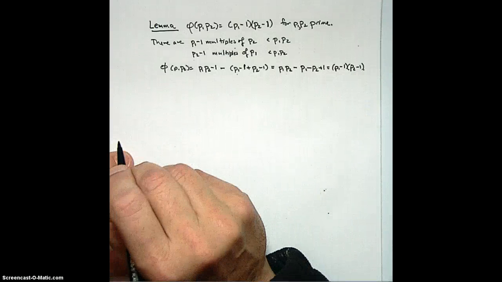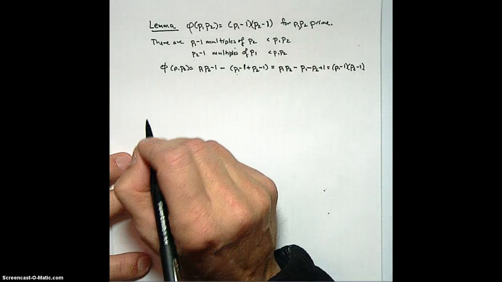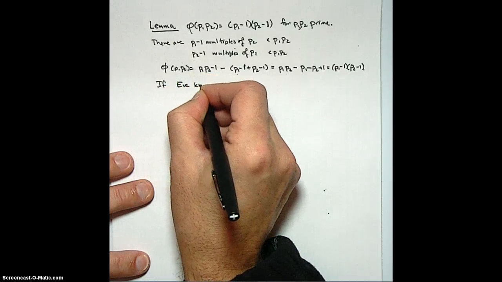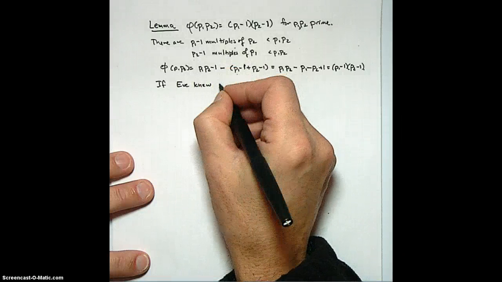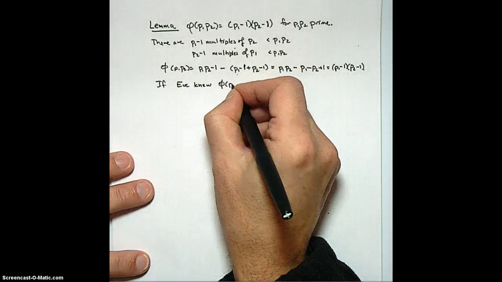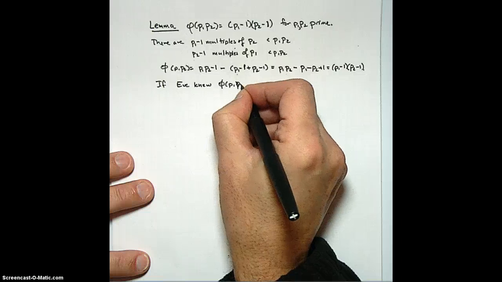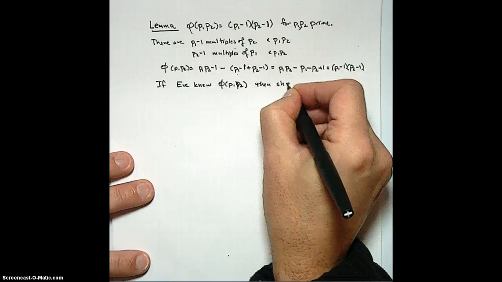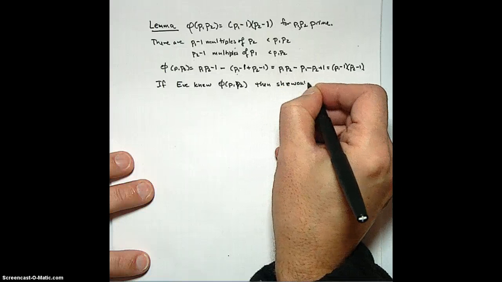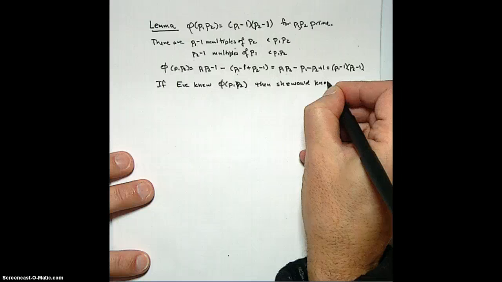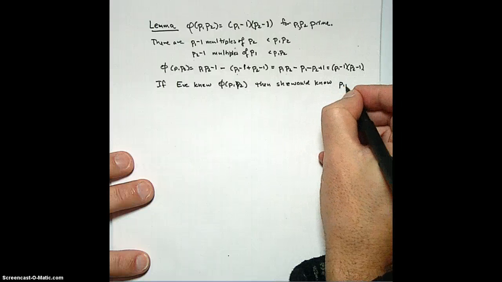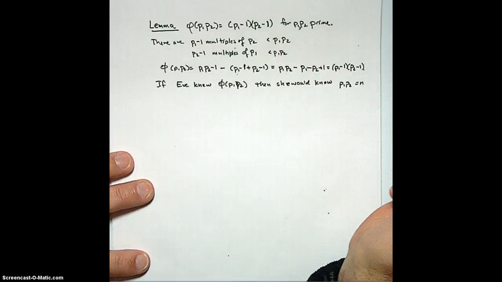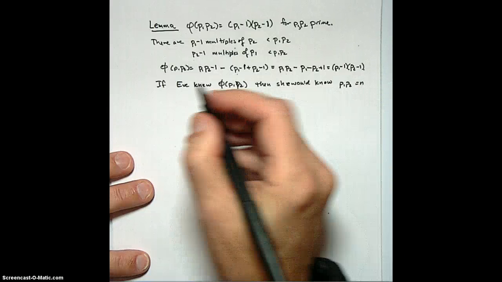All right. So if Eve knew phi of p1 p2, then she would know p1 p2. Of course, that's n, and she's listened in and heard what that is.